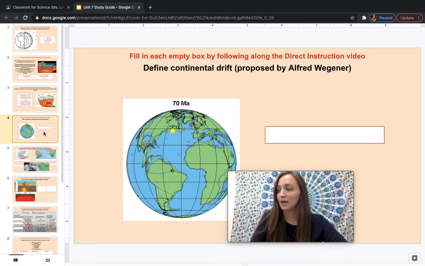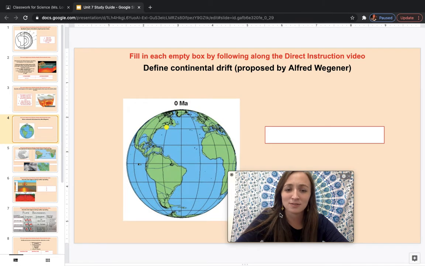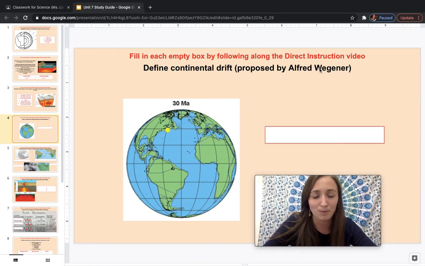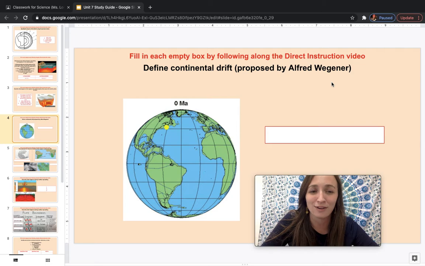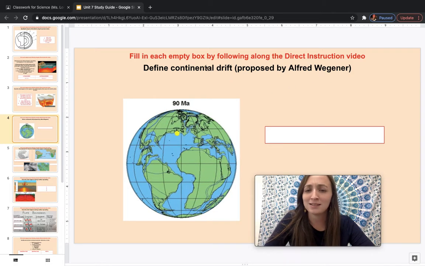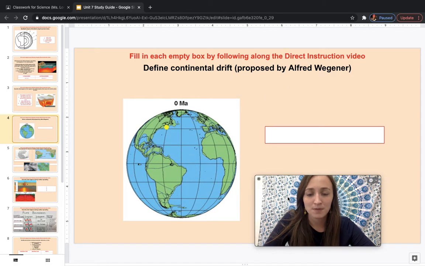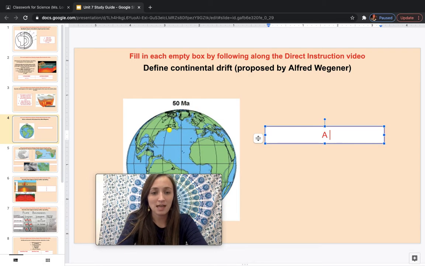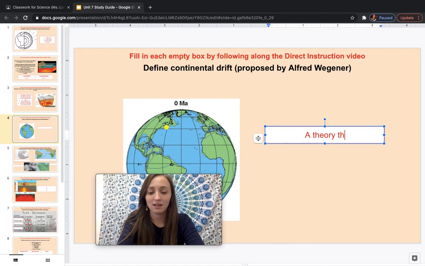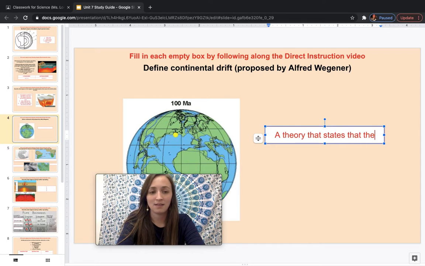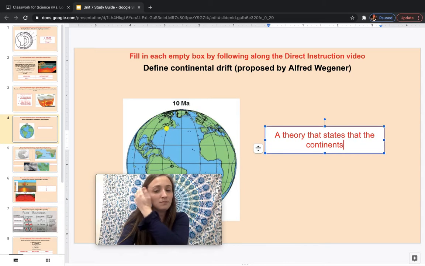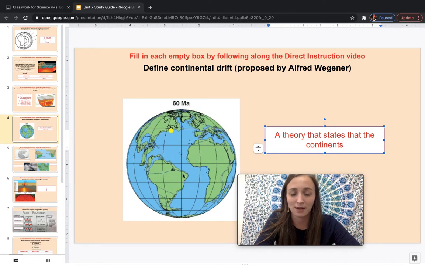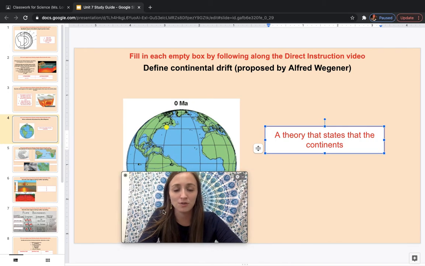Okay, next part. Define continental drift. And as a reminder, this is an idea or a theory that was proposed by this German guy named Alfred Wegener. So what is continental drift? Well, continental drift is exactly as it sounds. It is just a theory or an idea that states that the continents, and remember the continents are like large pieces of land, so we're in North America, South America, Africa, Europe, Asia, those are the continents.